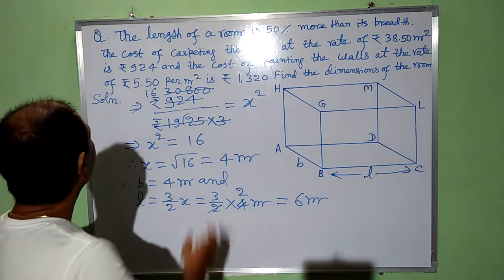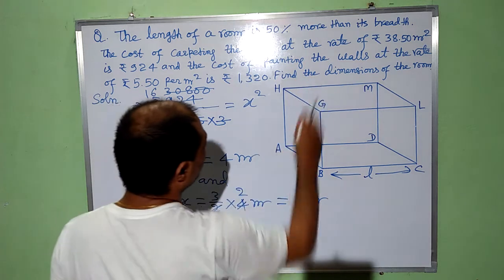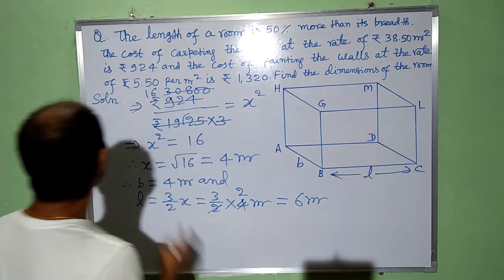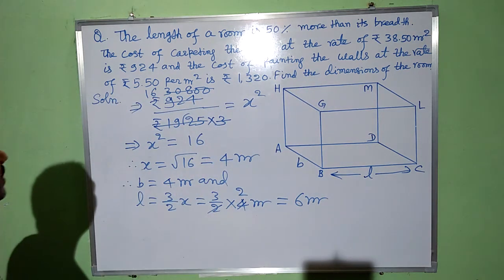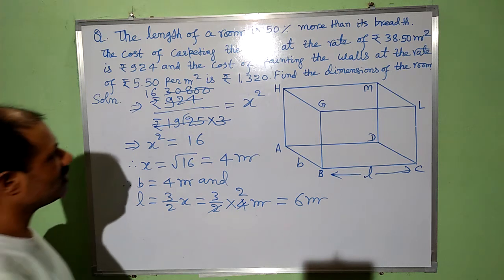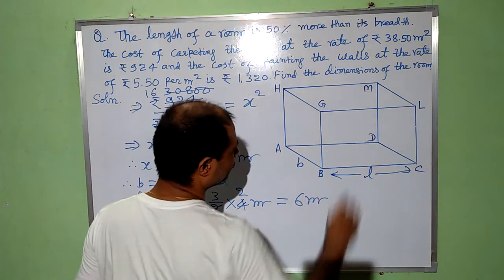Now, the cost of painting the walls at the rate of rupees 5.50 per meter square is also given. 4 walls. So we have to find area of all the 4 walls.